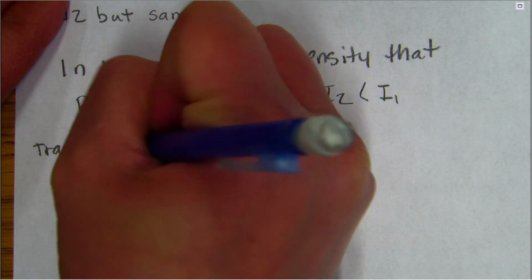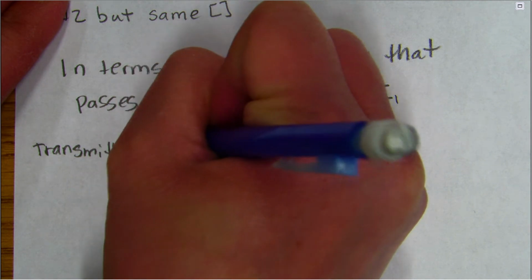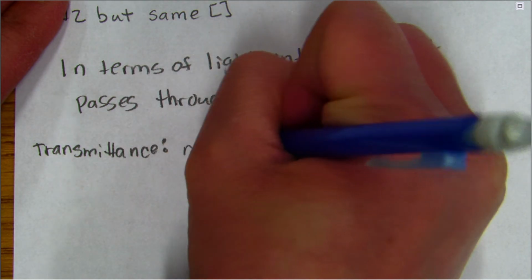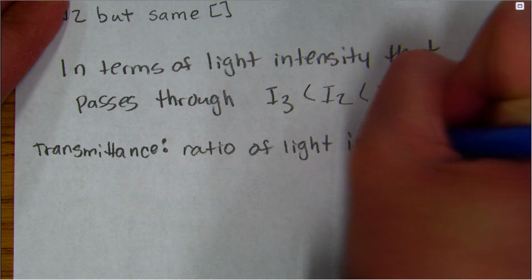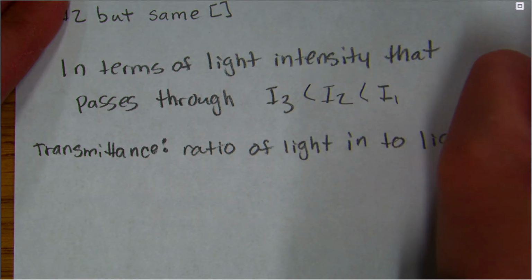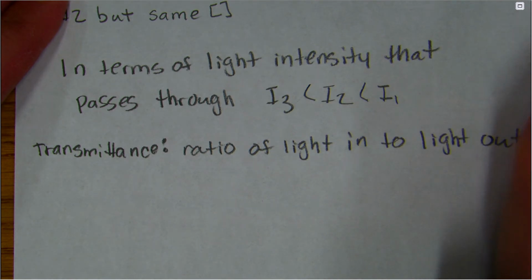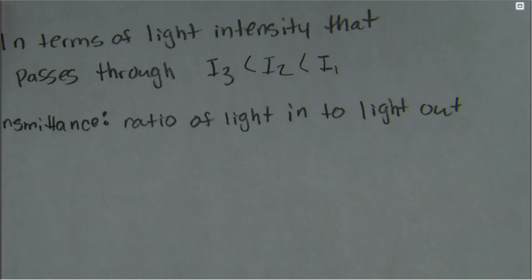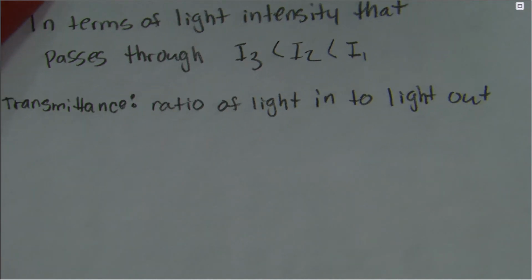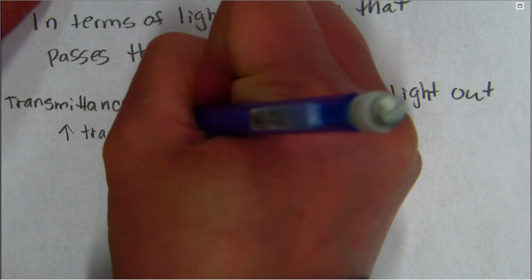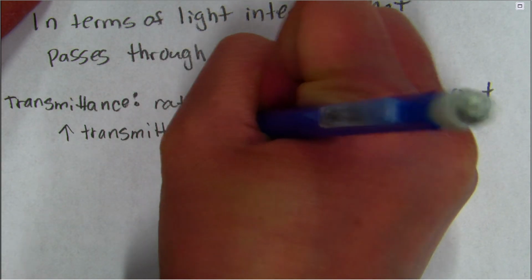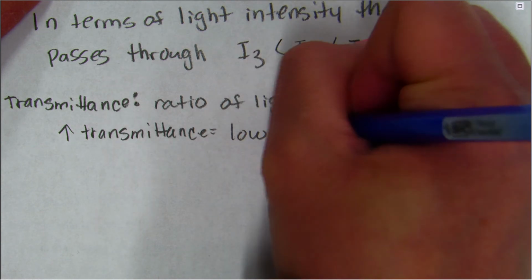Transmittance is the ratio of light in to light out, comparing how much light goes in to how much light goes out. Now, the higher the transmittance, the lower the absorption.